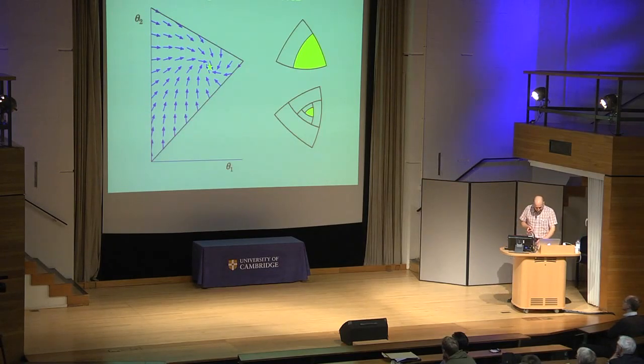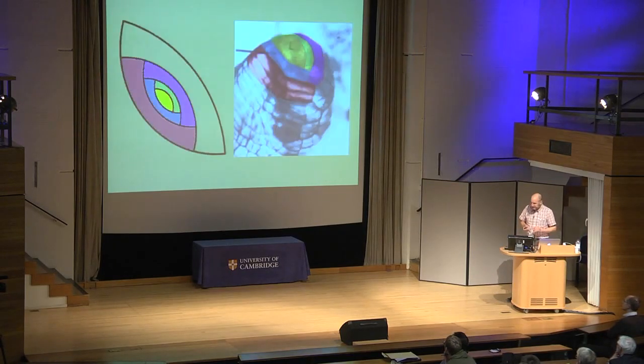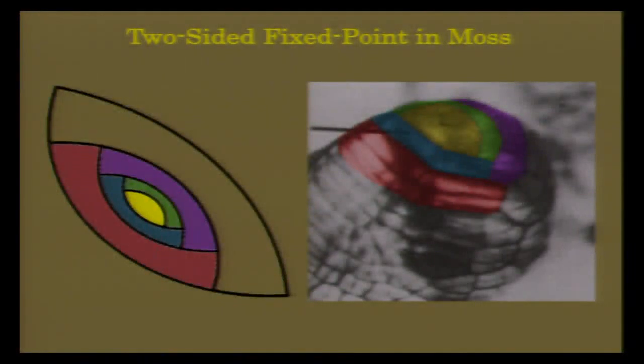So we started looking for them, and I have a list of pictures here where we compare some organisms, mosses and ferns and things like that, with these fixed points that we found. Here's one example. This is a young leaf in a moss, and here's what's called the apical cell. There's a central cell at the tip that's growing and dividing, and I've labeled, to help the eye, the different division planes that this cell has undergone, and it fits nicely this two-sided fixed point.